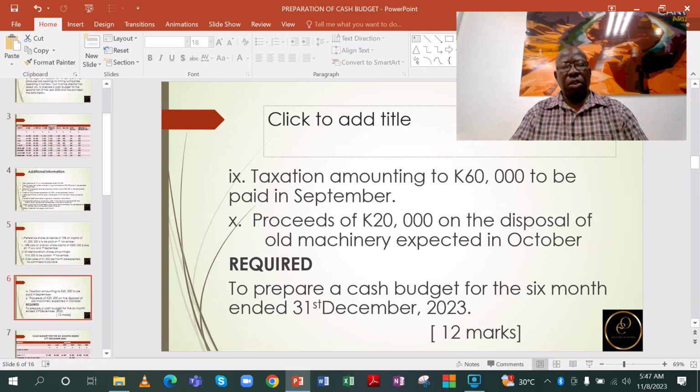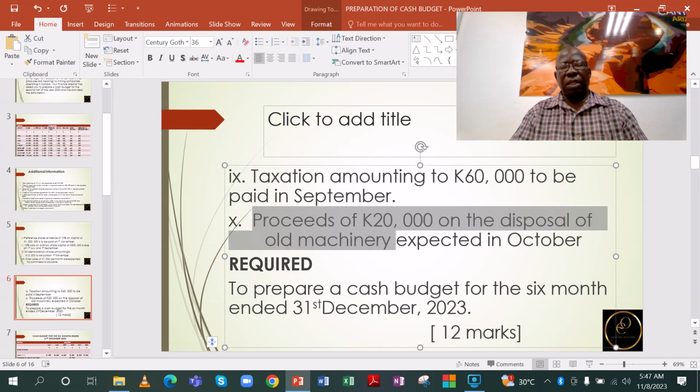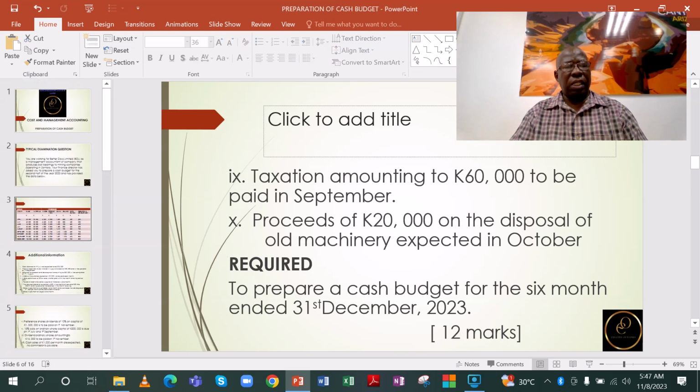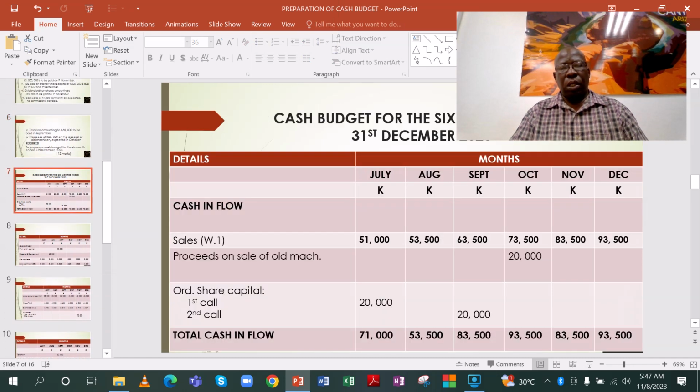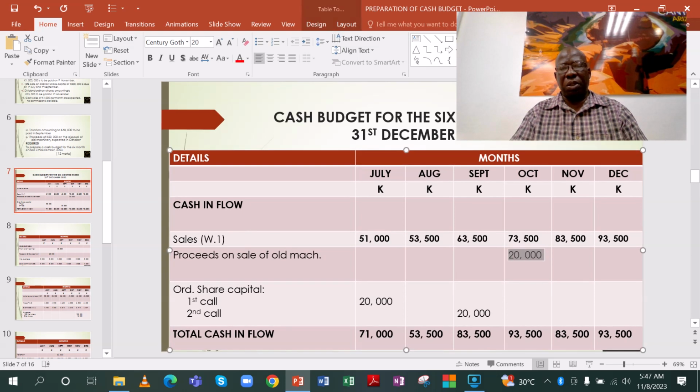This note is telling us proceeds of 20,000 kwacha on disposal of old machinery expected in October. So we slot that one in there. We have the proceeds on sale in October, 20,000, which was expected.